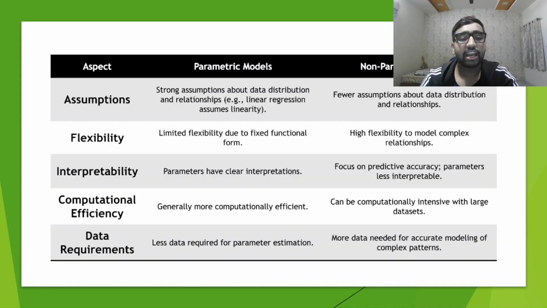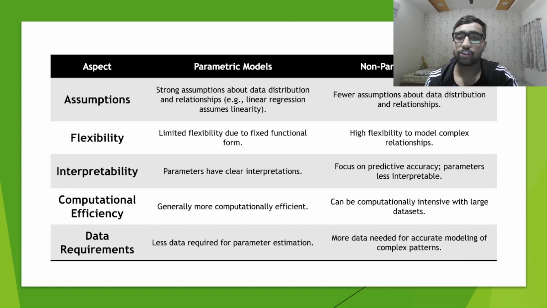Interpretability. The parameters have clear interpretations, because once we have calculated the parameters for parametric models, they can be clearly interpreted, and we can draw clear conclusions based on the values of those parameters. And since in non-parametric models there aren't any such parameters, or very few parameters which are being used, they are less interpretable, but they focus on the predictive accuracy.